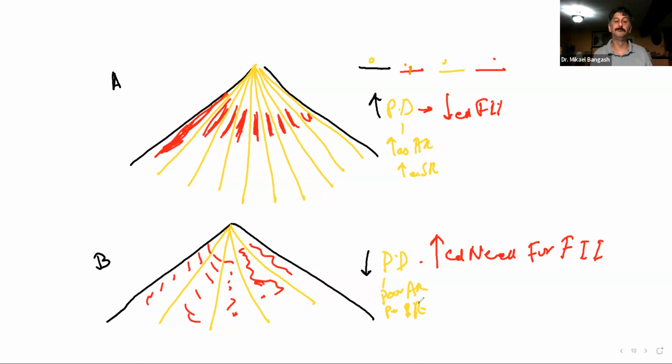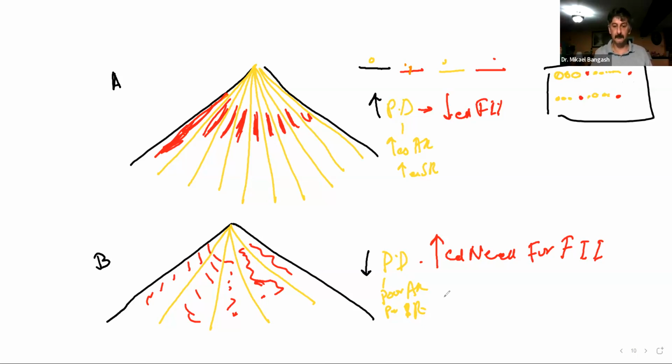Up here, as on your Wheel of Fortune, you are comparatively left with less guessing to do, right?